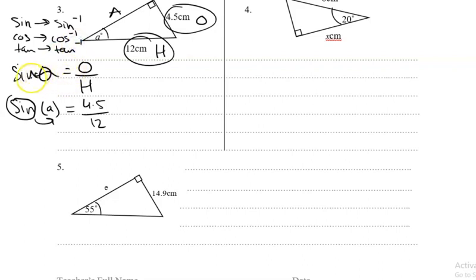To get them on the calculator, all you have to do is press shift, then sine, shift, then cos, shift, then tan. So A is going to equal sine inverse, then in brackets you're going to write 4.5 over 12. We plug this into the calculator as it is, and we're going to get 22.02 degrees.